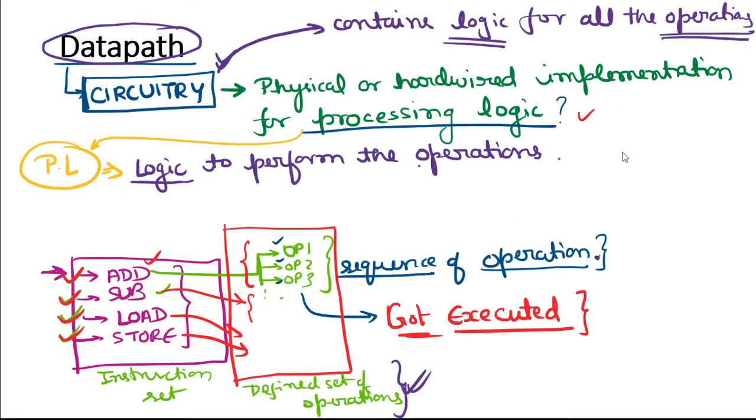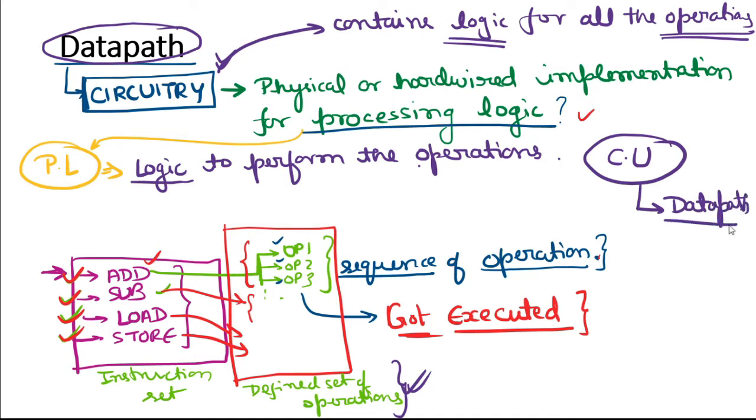And the control unit is the one that tells the data path which operation to perform and when to perform, right?